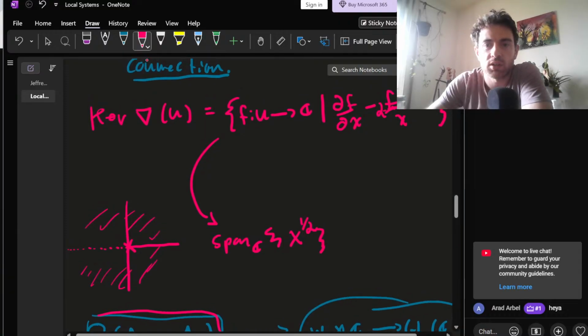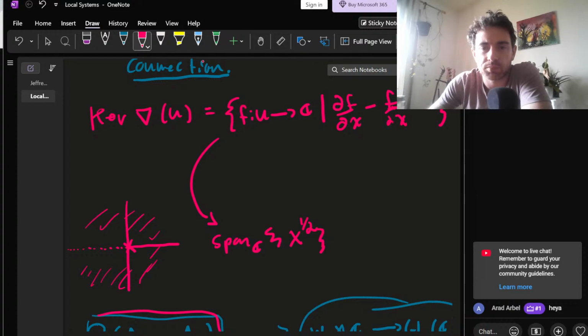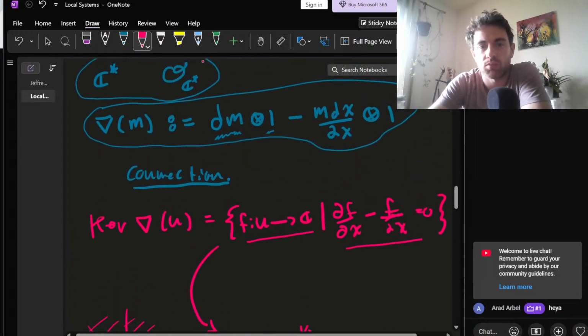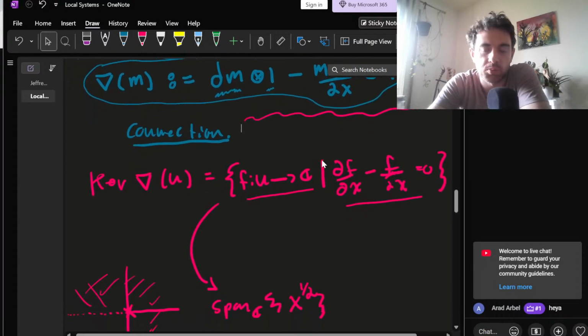Sorry, let me go back a second here. So computing the kernel basically results in, so say over any open set, the kernel of the connection is going to be, in this case, just all functions on U which satisfy this differential equation. You just go plug f into here and see that it being 0 basically forces this.